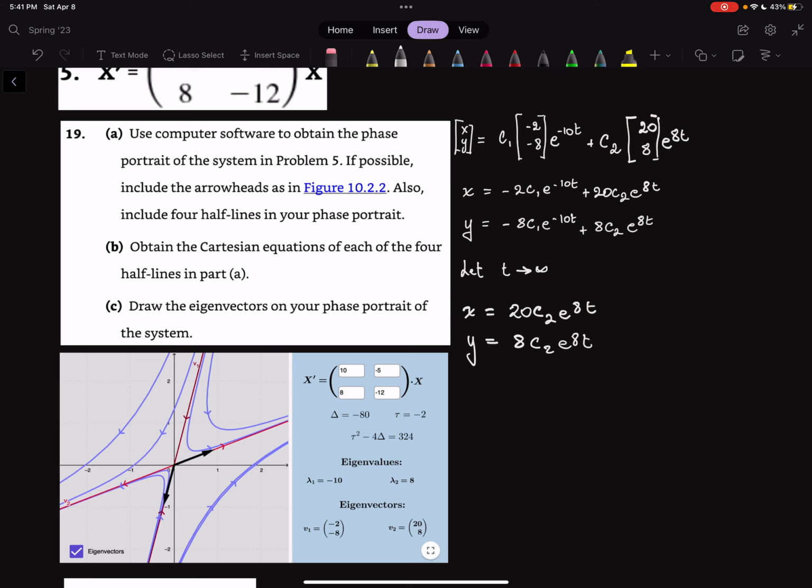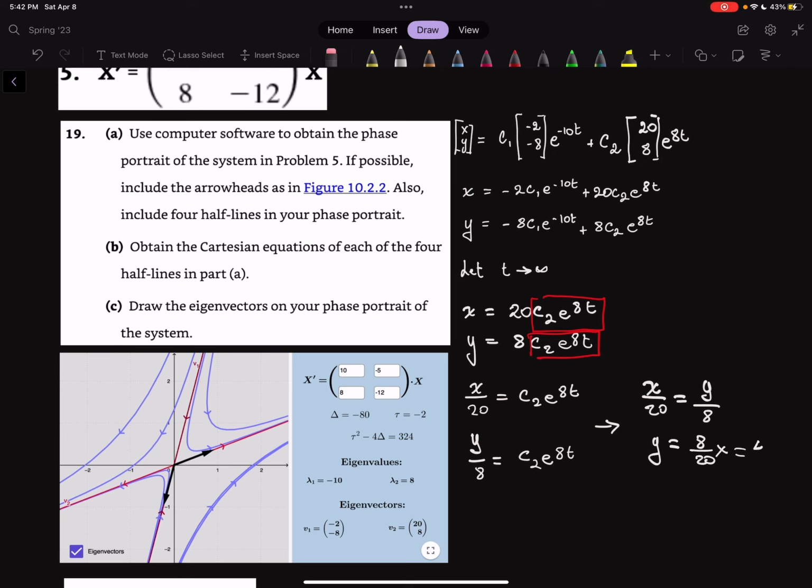So we have this term in common. So why don't we solve for this and eliminate that? Well, then we get x over 20 is equal to c2 e to the 8t, and y over 8 is equal to c2 e to the 8t. Now we can write x over 20 is equal to y over 8, or y is equal to 8 over 20 times x, which we can divide by 4, so we get 2 in the numerator and 5 in the denominator: y = (2/5)x.